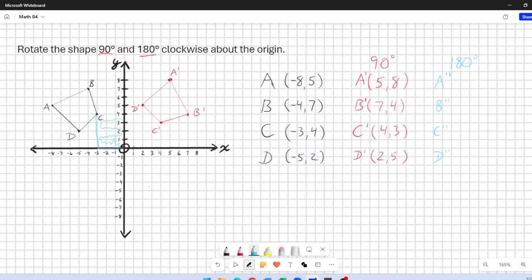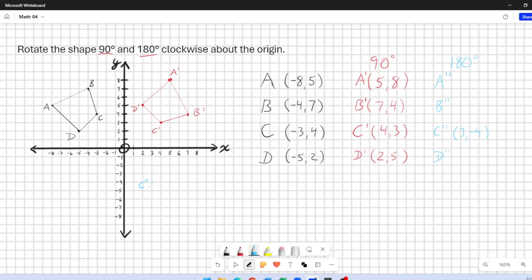Since I know what quadrant it's going to go into, the same thing should apply for the image of C. So we're going to go 3 across, 1, 2, 3, and 4 down. Just like that. So that means my C double prime is going to be here at 3 and negative 4. So let's put that in there.